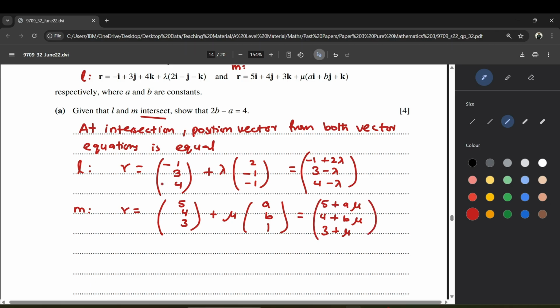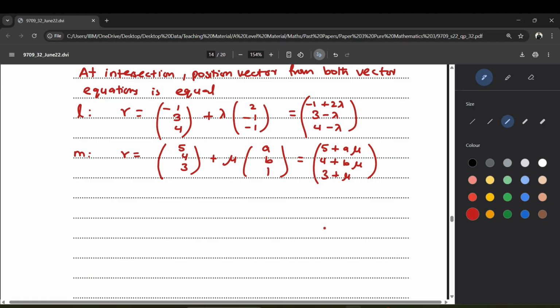Now, as I mentioned, the position vector will be the same. This will be your x coordinate, the i component. So we can now compare the components with each other. This x coordinate and this x coordinate will be the same, this y coordinate and this y coordinate will be the same, and this z coordinate will be the same.